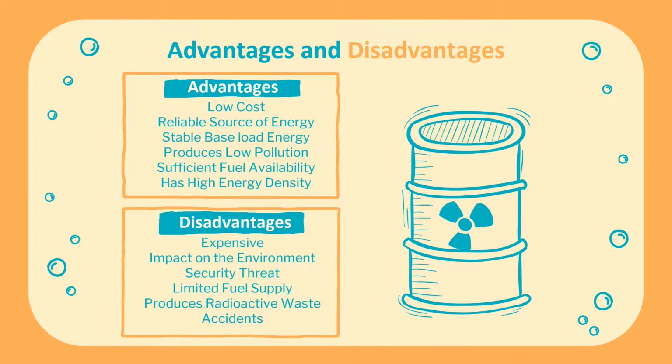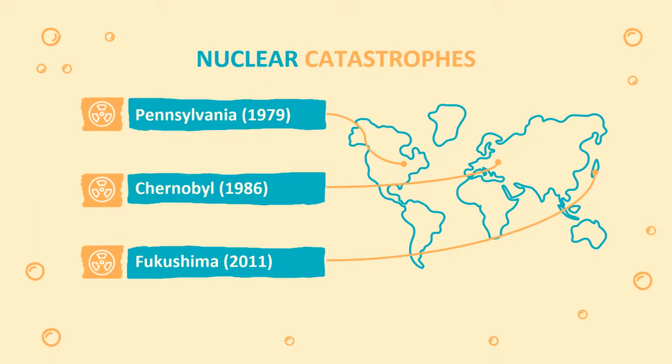Here we could see why most people think of accidents when they hear about nuclear power plants, because of these famous nuclear catastrophes that occurred in Pennsylvania in 1979, the famous Chernobyl in 1986, and in Fukushima in 2011.